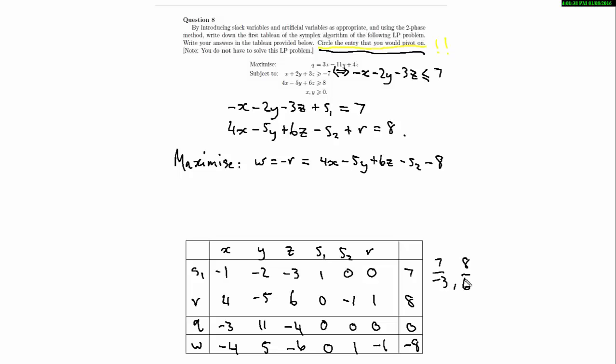And then we find the ratio that's the least non-negative ratio. Now, as this is a negative ratio, this is the ratio we're after. So that means that our pivot entry will be this entry here, that's a 6. Okay, and that's all we have to do in this question.